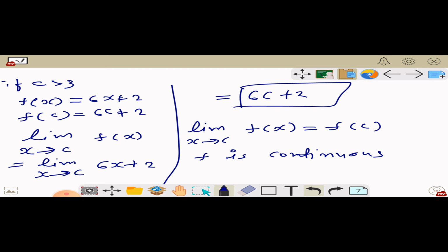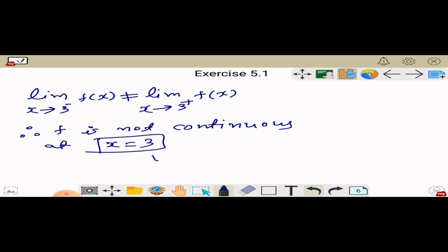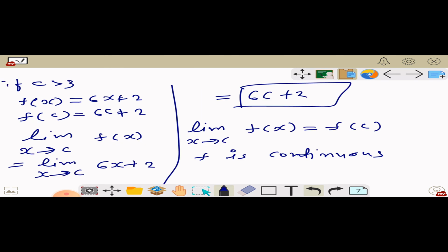So our point of discontinuity is x equal to 3. Therefore, the point of discontinuity is x equal to 3, right?